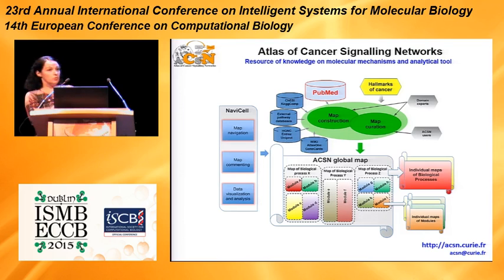The map is huge, therefore we decided to build it in a hierarchical structure. There is a global map, which is a seamless tissue of signaling, but it is divided into maps of biological processes, which are further divided into modular maps, and each module represents a canonical pathway as we are used to seeing them in other databases. Those maps are manually constructed using the latest literature and other resources.